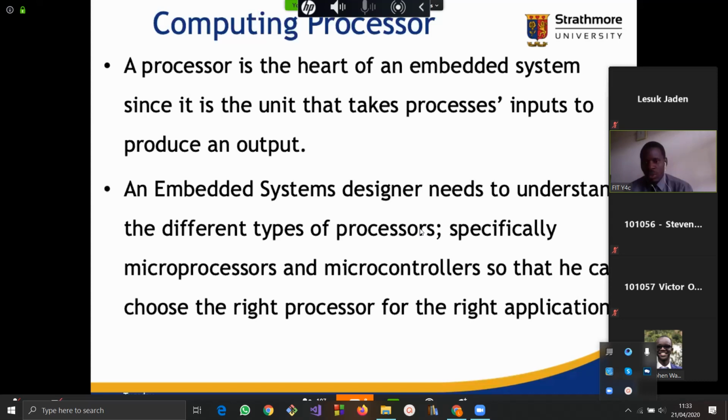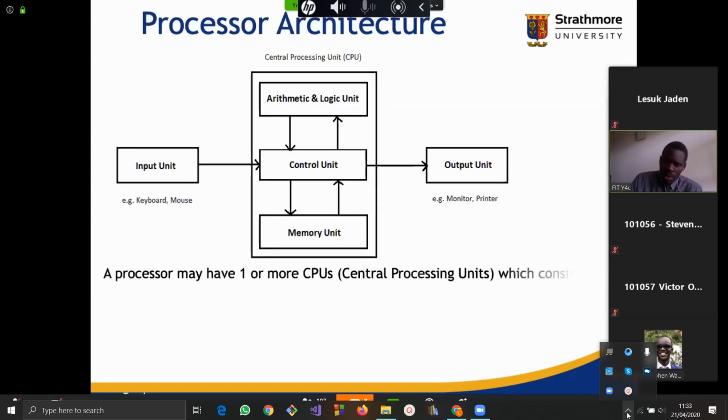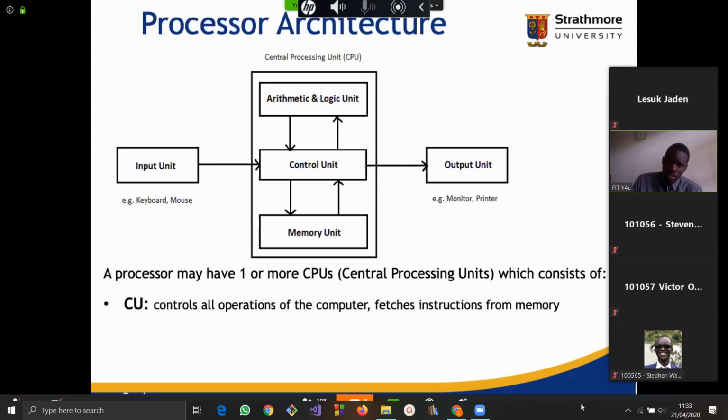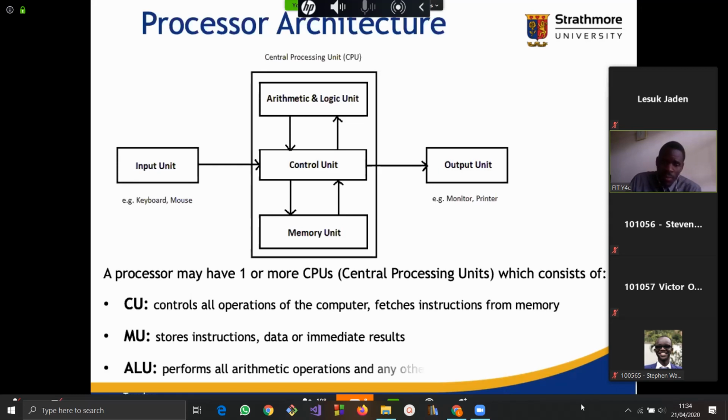I'm sure you've come across this. This is the architecture, nothing new. It has three parts: the ALU, the control unit, and the memory unit. The control unit controls operations and communication between the ALU and the memory unit. The memory unit stores data or instructions. The ALU, arithmetic and logic unit, does the arithmetic operations and any other complex operation.